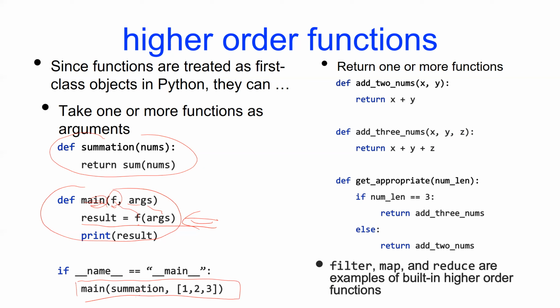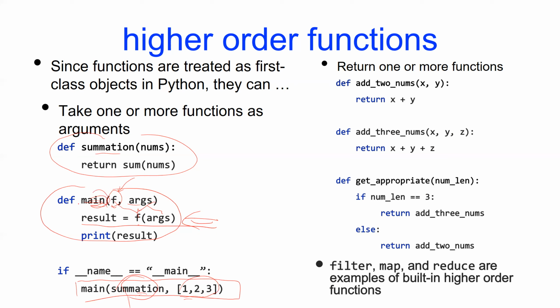Then we are passing the summation to the f, then 1, 2, 3 as parameters. So that essentially says you can replace this summation here with some other function, let's say multiplication, division, or whatever you like, and couple it with the corresponding arguments.